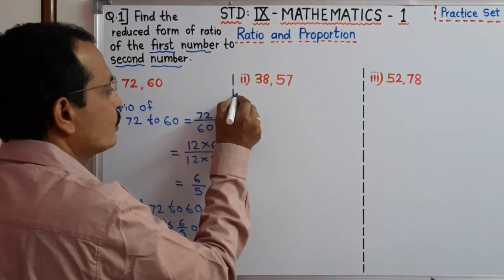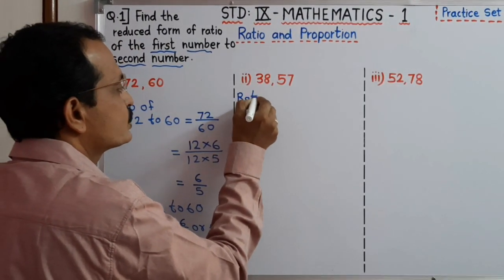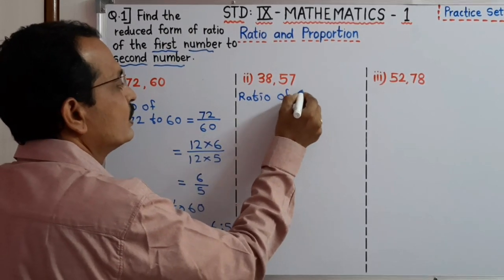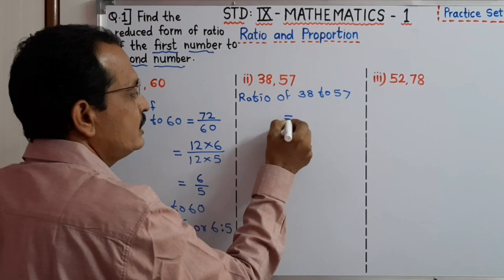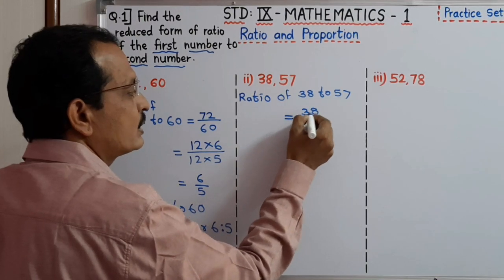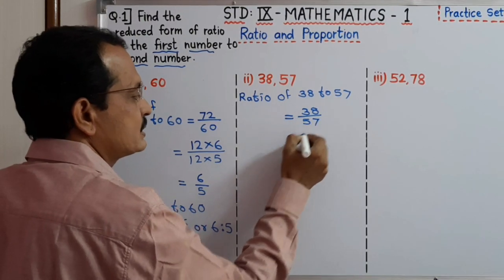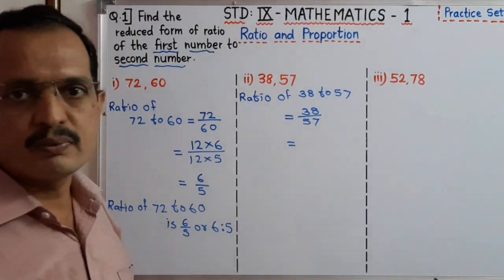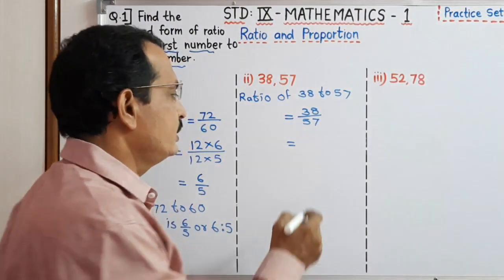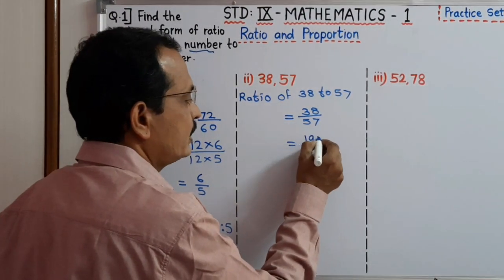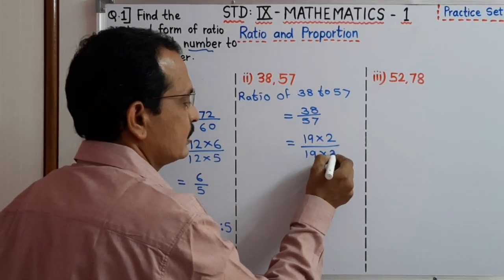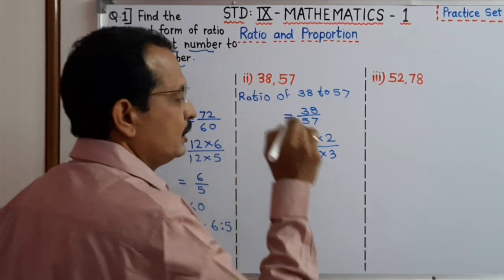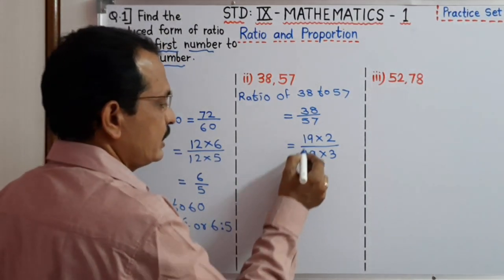Therefore, first of all we have to write here: ratio of 38 to 57 is equal to 38 upon 57. Now we have to simplify this. Dear student, in the table of 19, 19 twos are 38 and 19 threes are 57. Now see, this 19 gets cancelled.